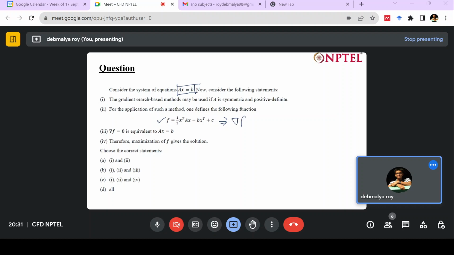If you take the gradient of this function, half x transpose Ax, the derivative is treated like an x square. x transpose x behaves like an x square in a matrix operation, so this boils down to 2A into x, and these two will be cancelled. You can use that, or you can break it up and calculate it for your own satisfaction.